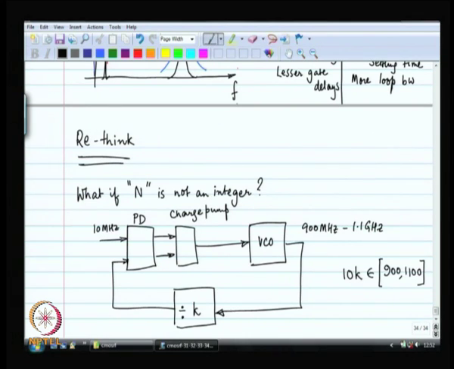So, I am allowed to divide by 90, I am allowed to divide by 90.1, k can be 90, k can be 90.1, k can be 100.5, k can be 102, k can be 102.1, k can be 110. Okay, will this work? Will it work better than before?